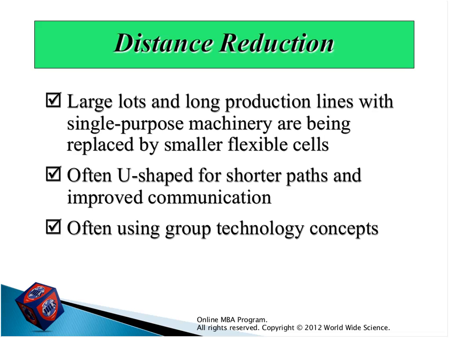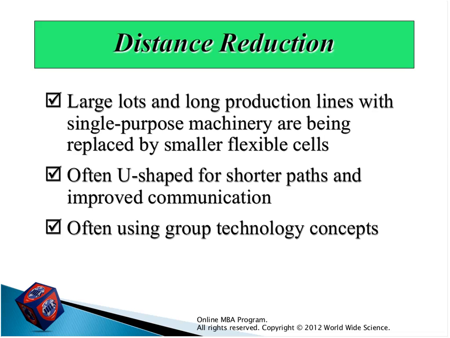Now, firms use work cells often arranged in a U shape. It means that the large lots and production lines are gone these days, and companies are using small lots and often a U shape for shorter paths and improved communication.